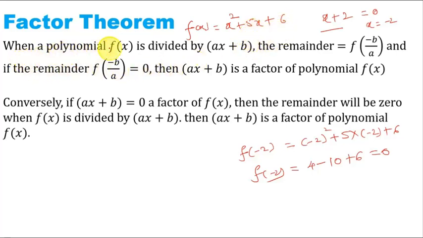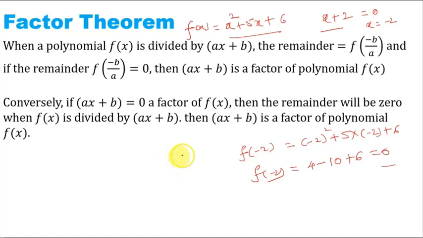Same here: when a polynomial f(x) is divided by ax + b, means x + 2, the remainder is f(−b/a), means f(−2), and that equals 0. Then ax + b is a factor of this polynomial, means x + 2 is a factor of this polynomial. Now what about the converse?